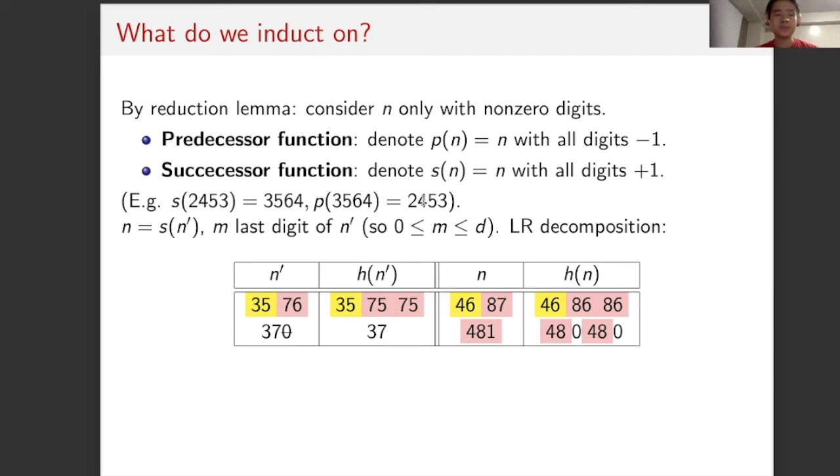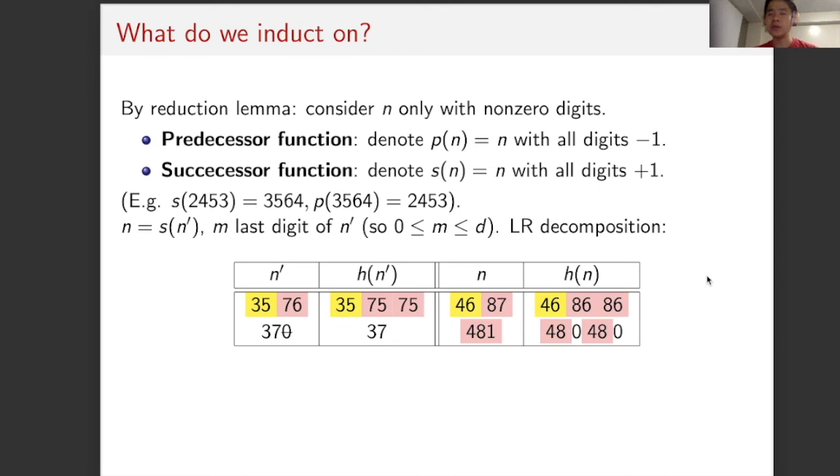And then when you copy the R part minus one, it also follows the same pattern. You see it here, 3 5 7 5 7 5. If you add one to all the digits, it will become 4 6 8 6 8 6.